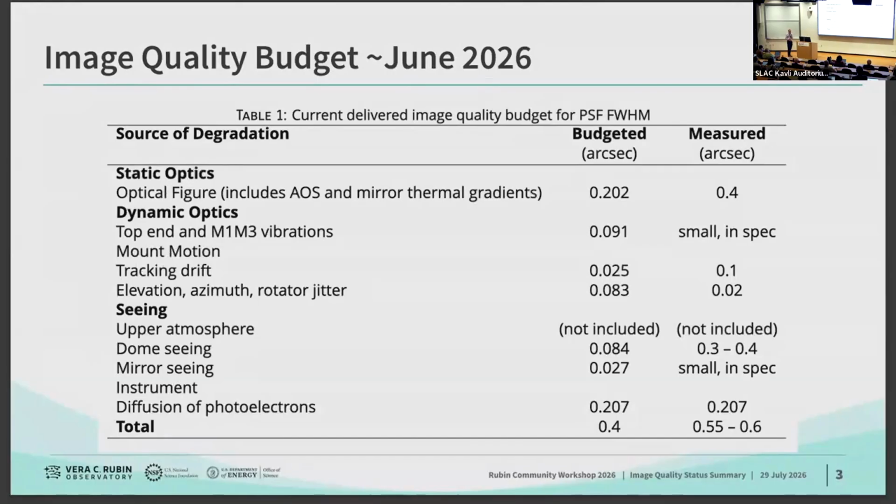There are various dynamical optical components, and these have to do with vibrations or movement of the mount, for example. There are the various seeing contributions, including the atmosphere and the dome seeing. And then finally, there's the instrument contribution, which is primarily the diffusion of photoelectrons. And so we've been able to provide estimates in all these different areas.